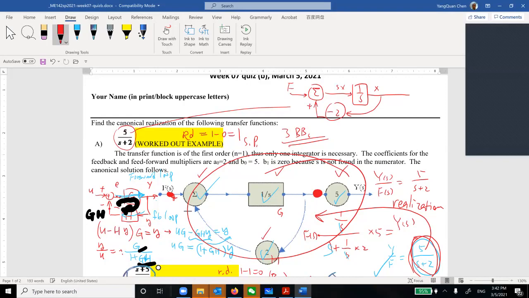So this is a plus, this is a plus. So then I also should have a 5 in here, okay? And I get a y. So this is a minus sign here, so this is a minus. So this is exactly like canonic, is exactly like this. Following our canonical way, you can write it immediately.